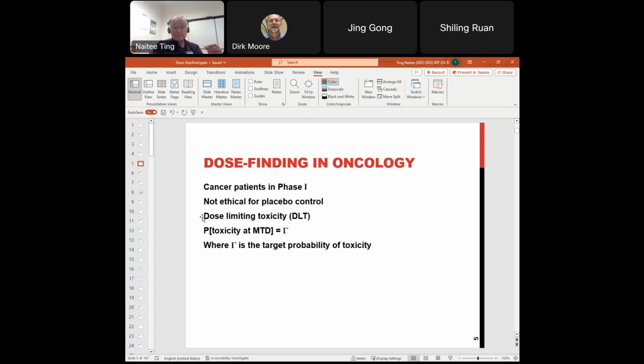You try to define something they call DLT, dose limiting toxicity. And you try to develop this drug such that the toxicity at the MTD is controlled under gamma. This gamma is a probability, probably one third or one sixth or something like that. So gamma is a target probability of toxicity.